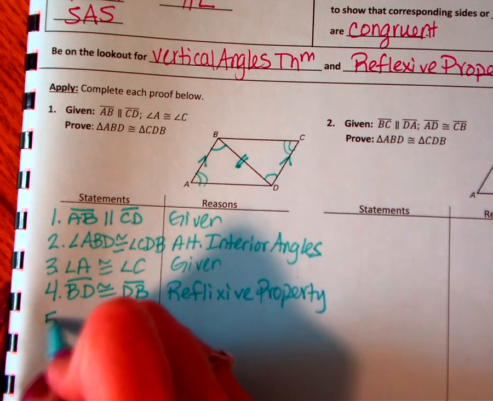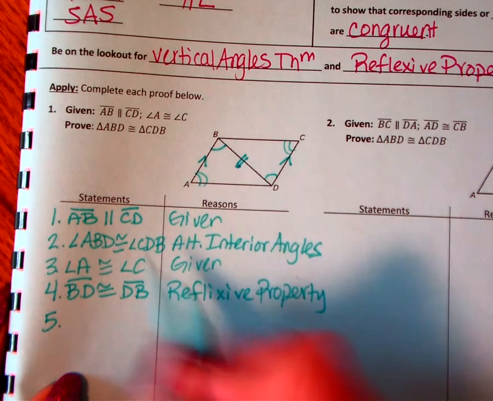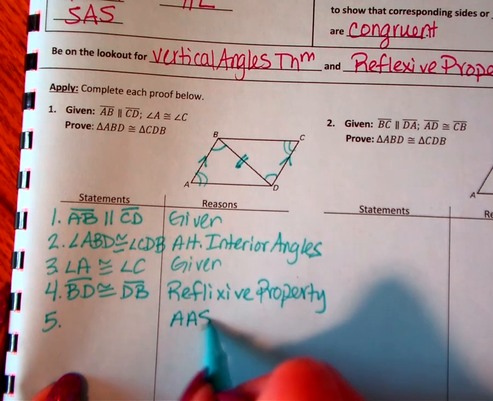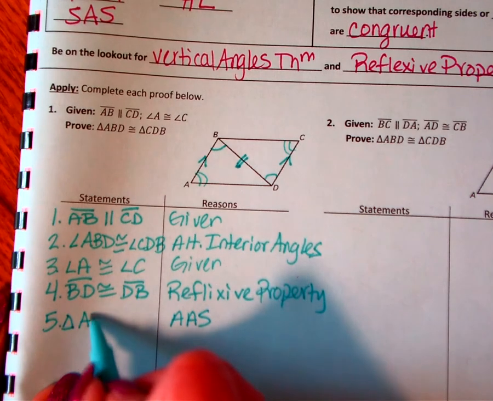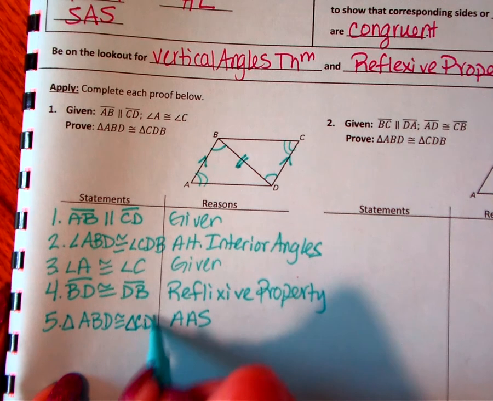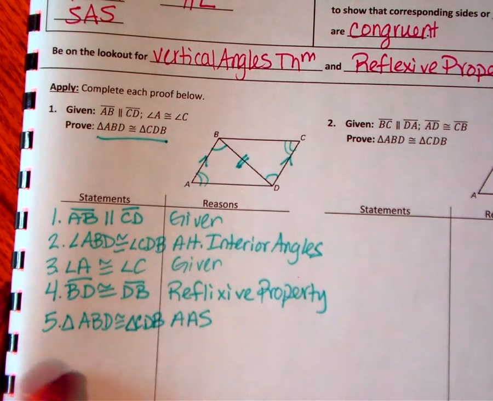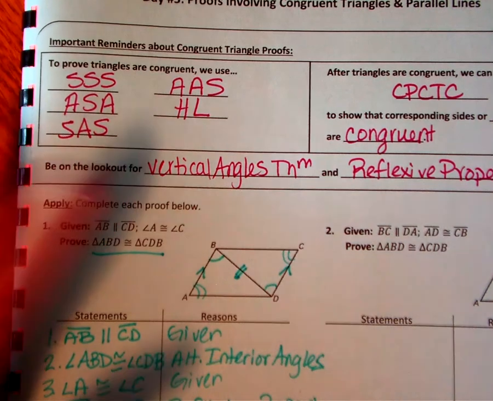So I have angle, angle, side, that says triangle ABD is congruent to triangle CDB. Keep the end in mind, right? What are we trying to do? We're trying to prove the triangles are congruent. To do that, we needed to use one of our 5 options here.